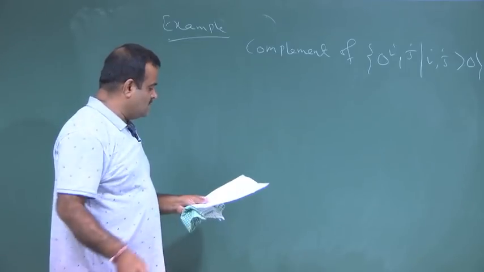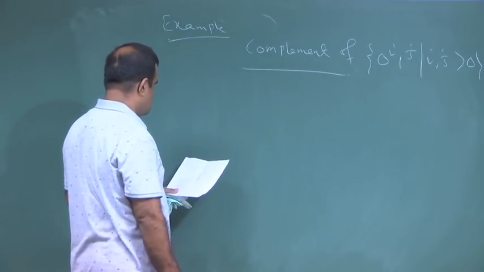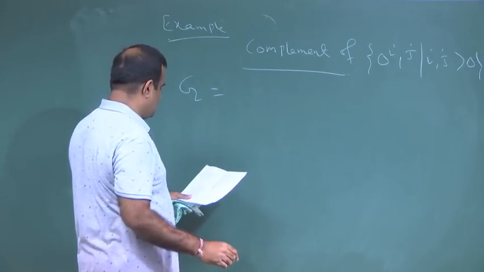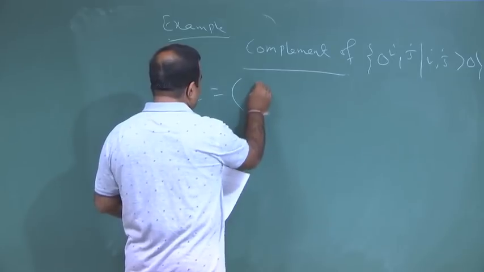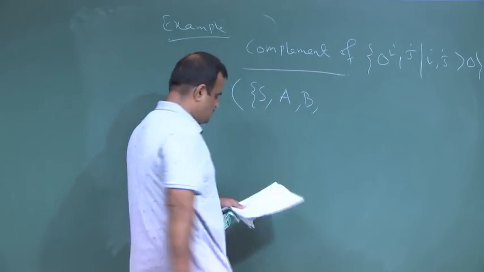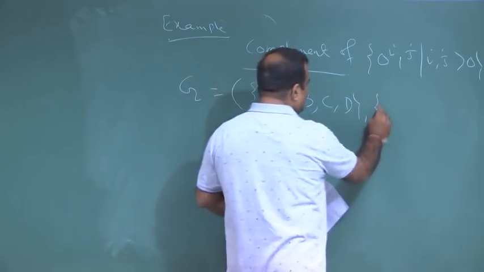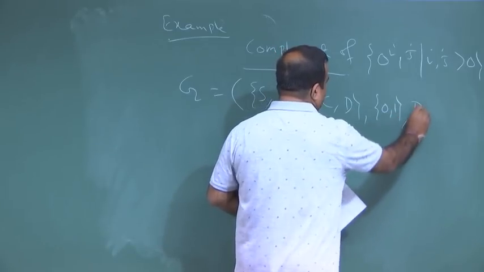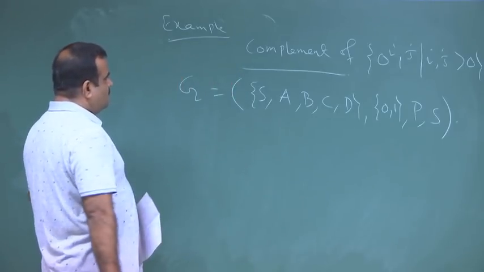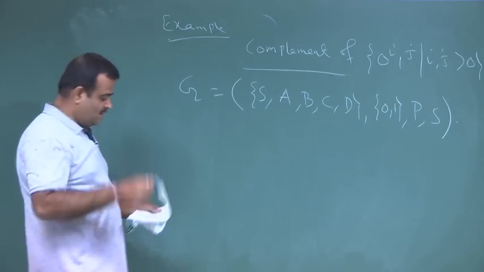So, we need a few variables, A, B, C, D, the terminals 0 and 1, P, and S. Now we need to define the rules so that we can generate the complement of this language.